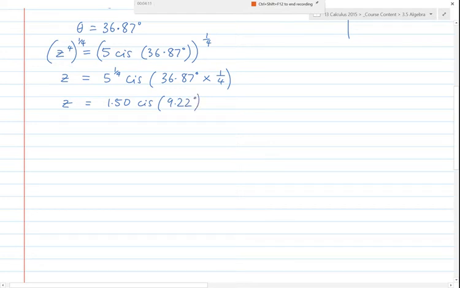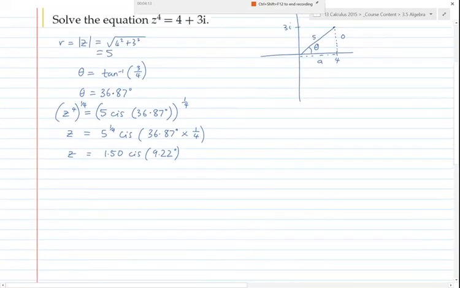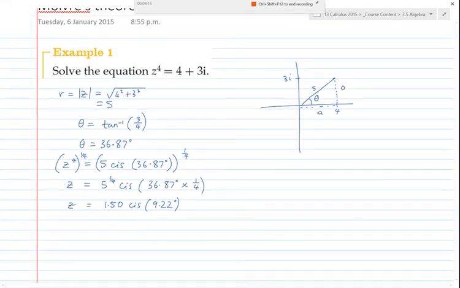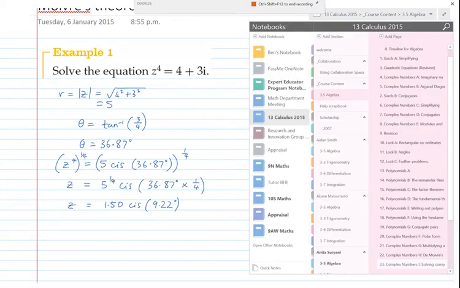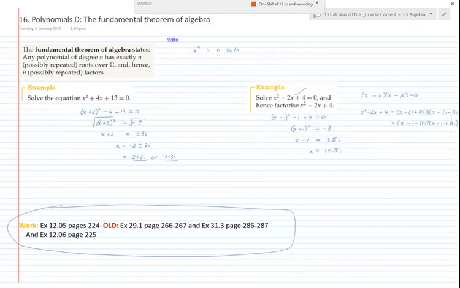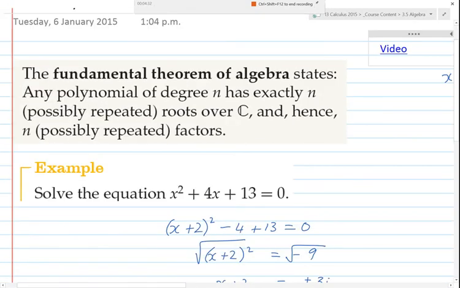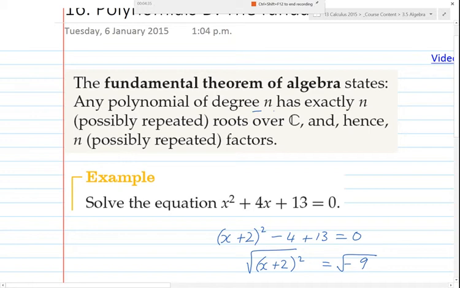Okay, now we'll just pause there for a second and have a little think about this, because if we have a power of 4, we've learned something earlier about what that means about the solution. So very quickly we'll get back to the fundamental theorem of algebra, which says any polynomial of degree n has exactly n roots over C, so that means complex roots.